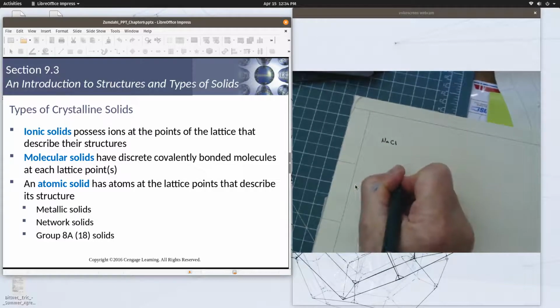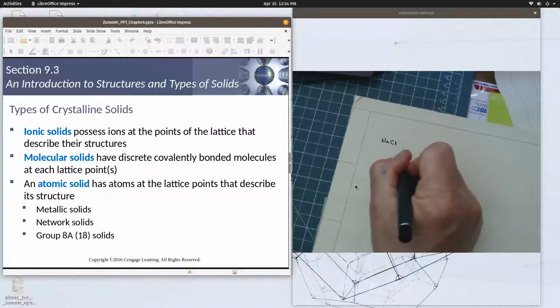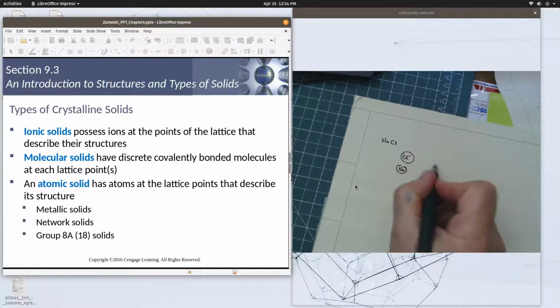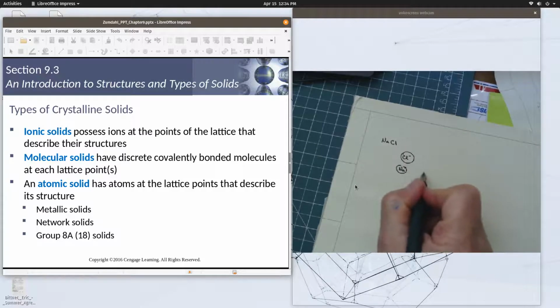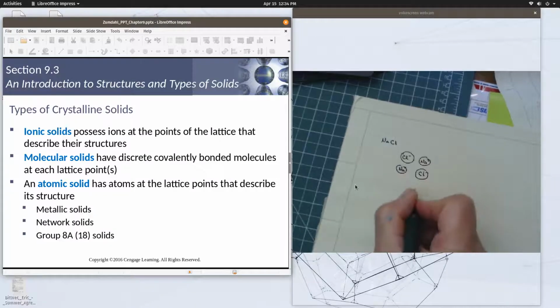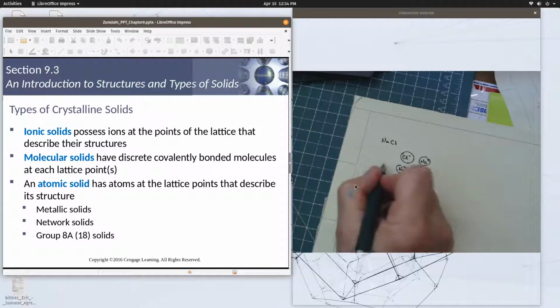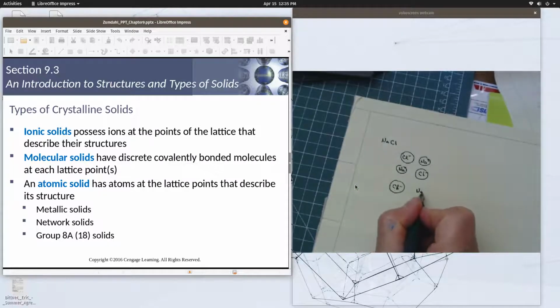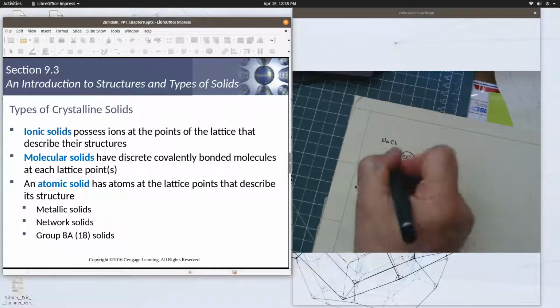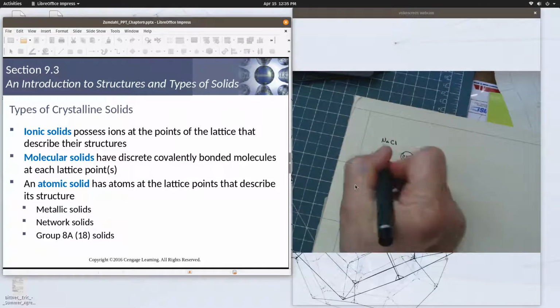What I have are very small sodium plus ions and chlorine minus ions, and these are all in a nice unit cell. You can already sort of see how the structure of this is going to have to be.